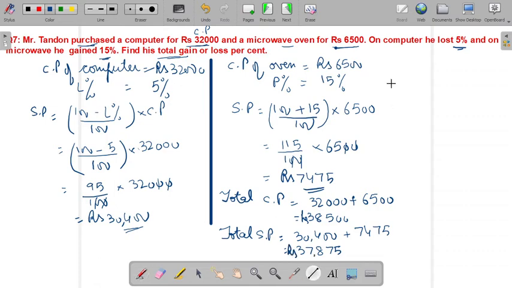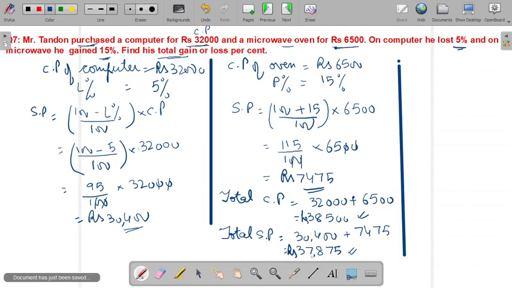Now tell me whether it has loss or gain. This is the cost price and this is selling price. Selling price is less than cost price, so it has loss. So how much loss it has? Loss formula is CP minus SP. So CP is more than SP, so we will subtract it. 38,500 minus 37,875.